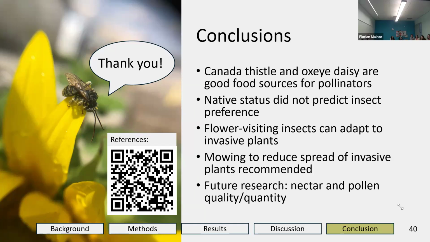That usually meant I was able to get there around 9 or 10 in the morning. I'd record the time, hand net for 20 minutes, then move on to the next site. After I did all of those, I would take a break to do the flower surveys, and then I would do the second round of hand netting at each of the sites. So it was kind of just how I could fit it into the day.